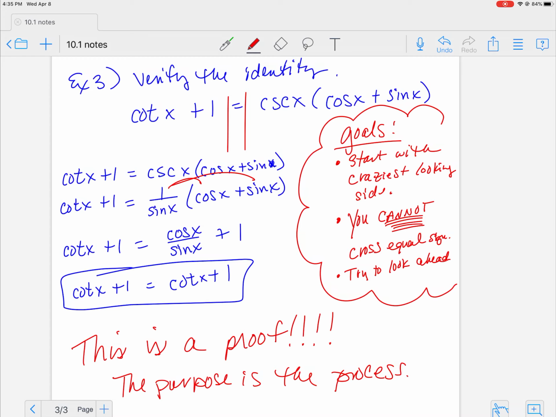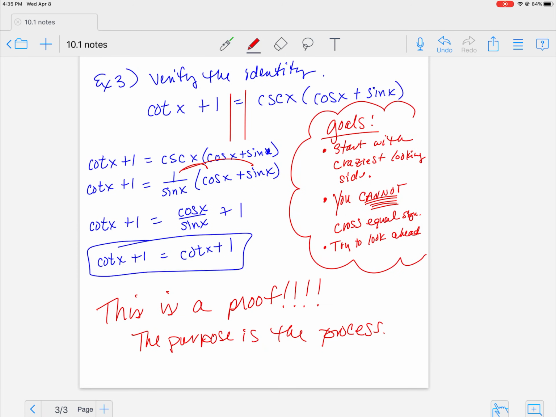You already knew the answer. The answer was equivalent. The purpose of these is the process. All right? The purpose is the process.